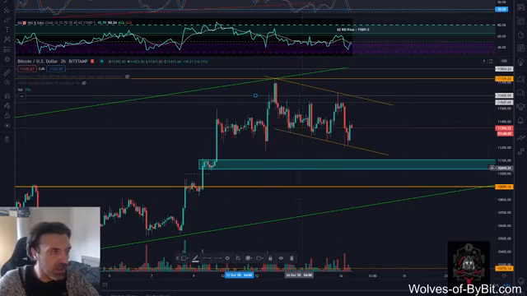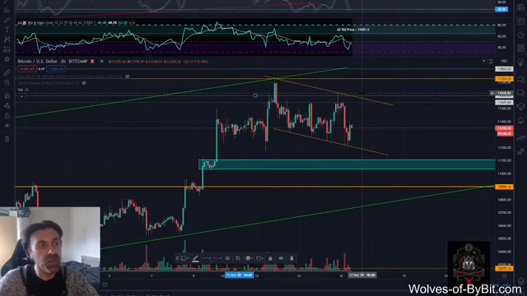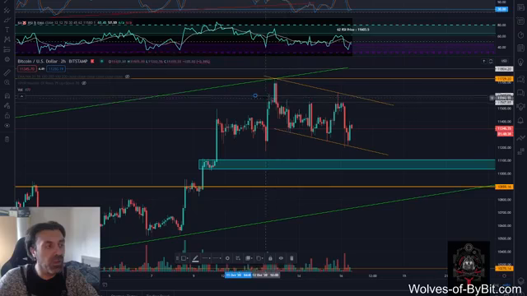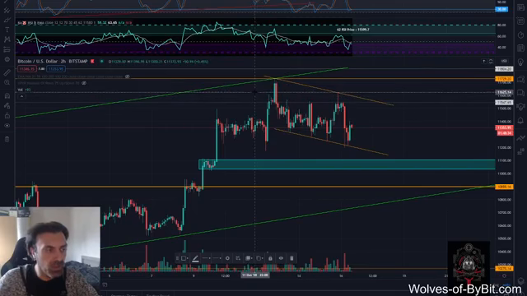Now let's just for fun and giggles put this little line here. If we manage to break above and close above it, then I'm just going to play it safe and take the wick of this high. There we go.